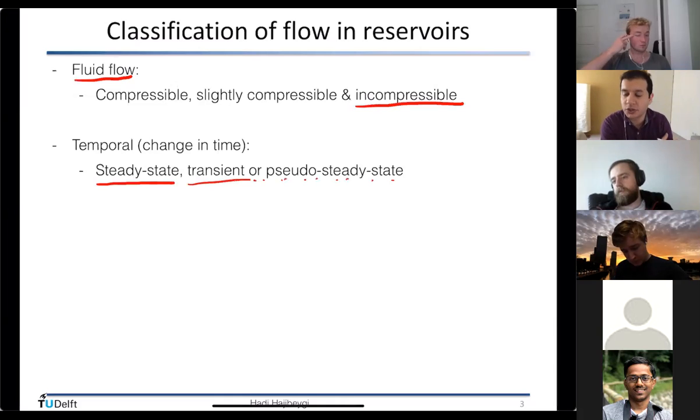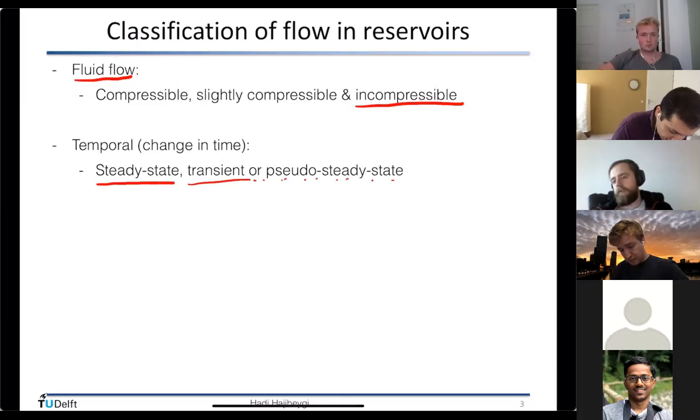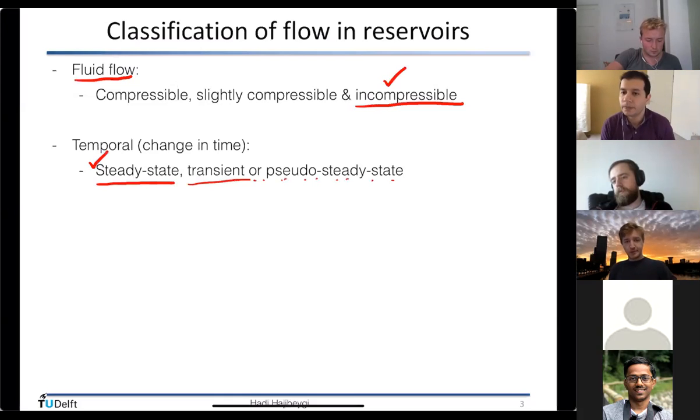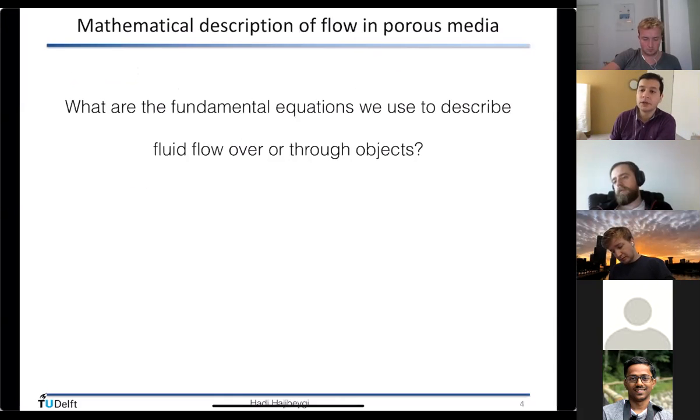I'm not sure if I would cover it this year. What we are going to focus on in this lecture is steady state incompressible flow. But we are, as engineers, aware that the physics in nature spans broader ranges. Good. So let's do that business then.